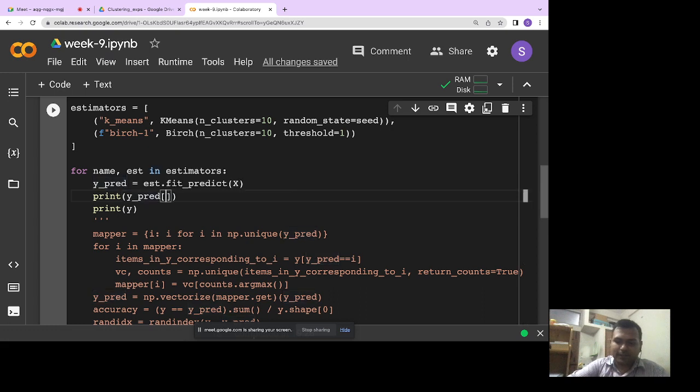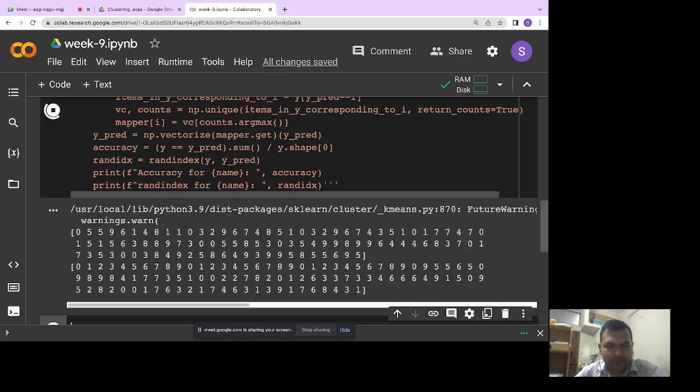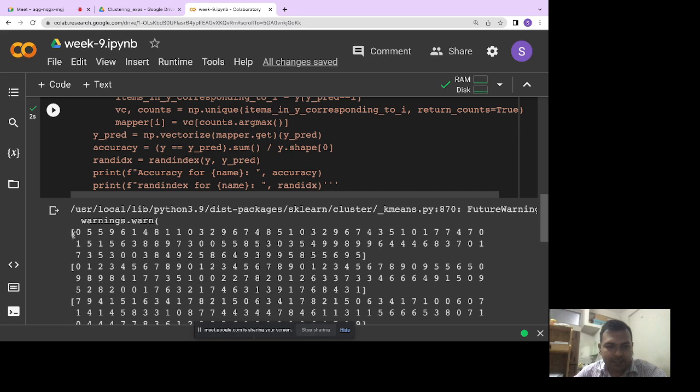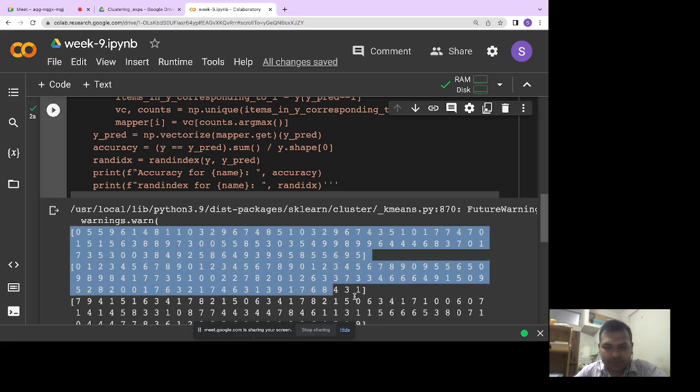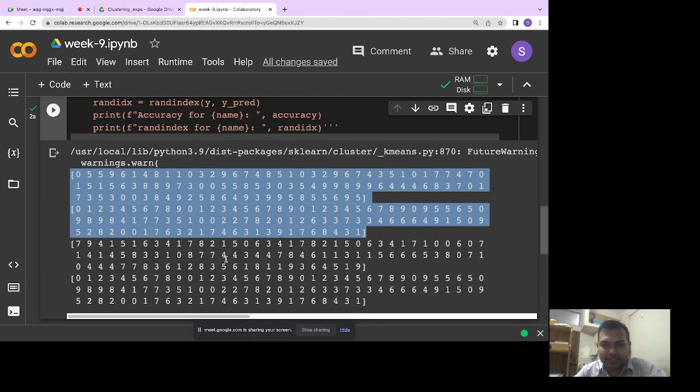Let's see the first 100. Yeah, you see here, these are the two outputs for k-means. The next are for Birch. Birch is the same kind of algorithm, so I'll just explain the k-means one.